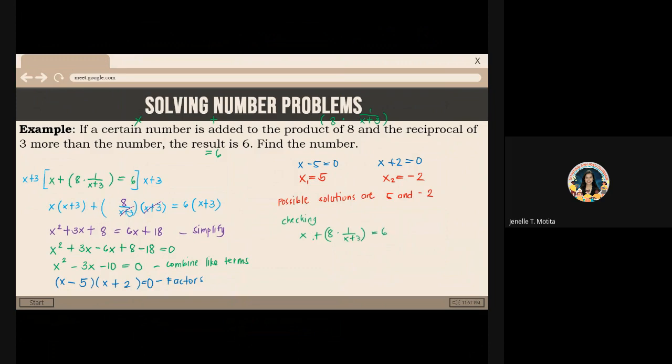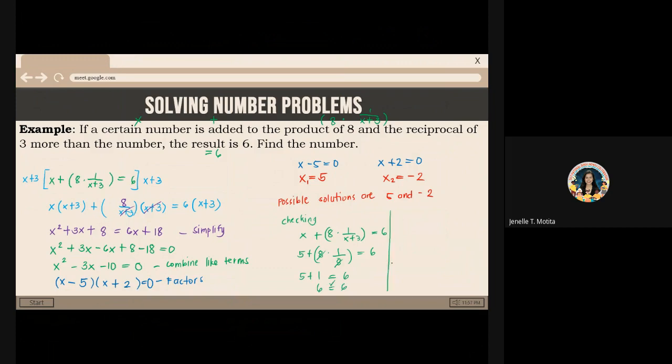Okay, let's substitute this with 5. 5 plus 8 times 1 over 5 plus 3, that is 8, is equal to 6. So 5 plus 8 times 1 over 8, that will give you 1. Tama? You could just cancel this out. And 5 plus 1 is equal to 6. Okay, therefore our first value of x is correct.